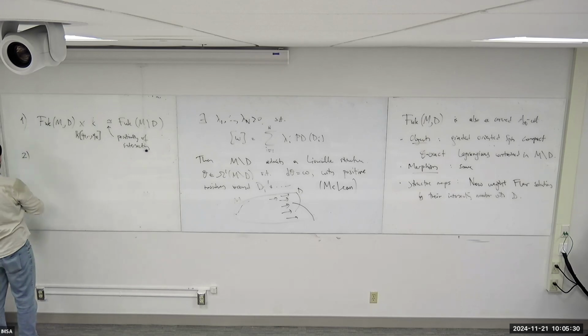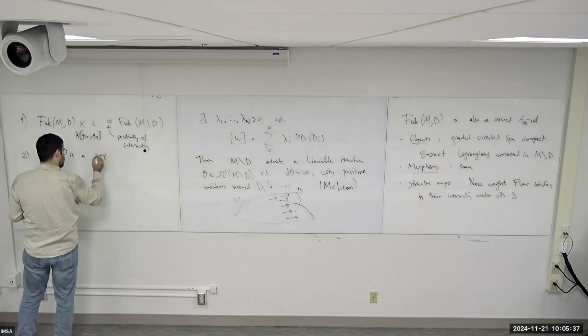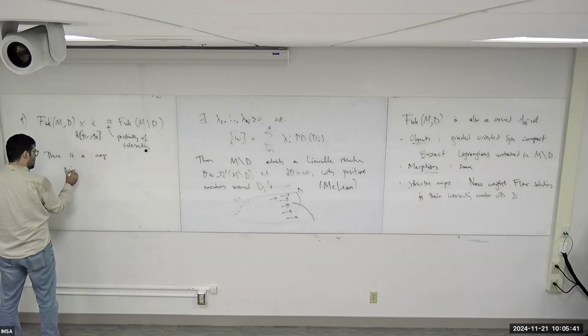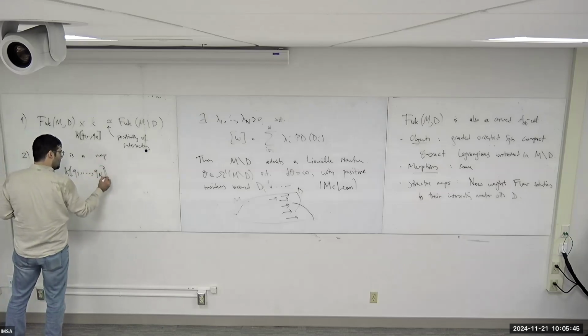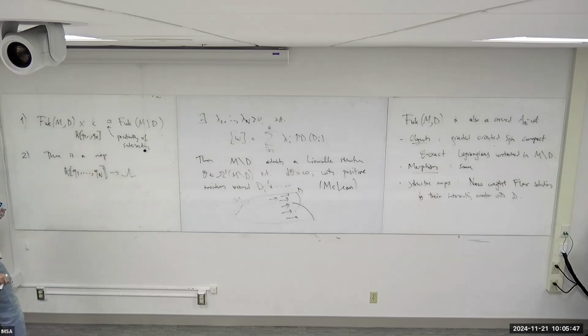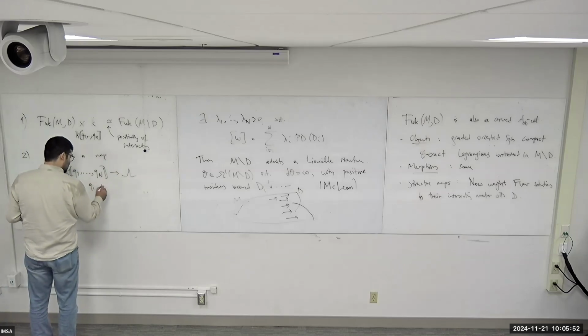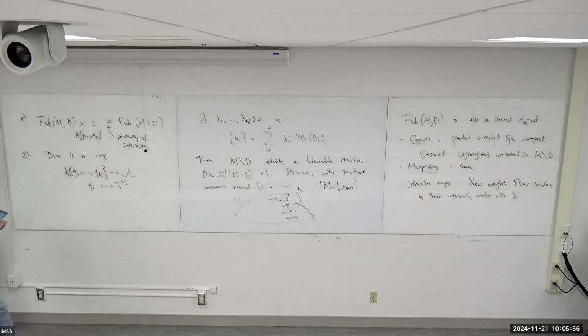The second statement that I want to make is there is a map from this K to the Novikov field, which sends Q_i to T to the lambda_i, I think.